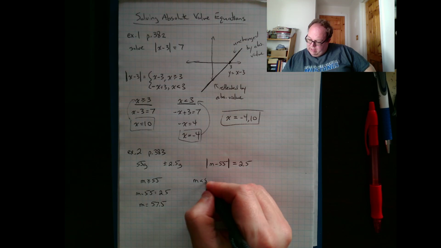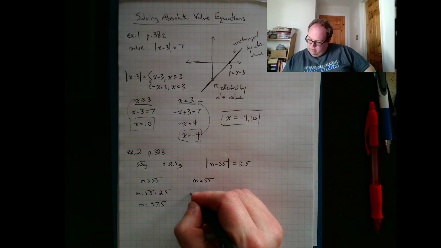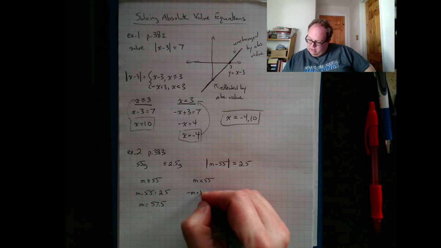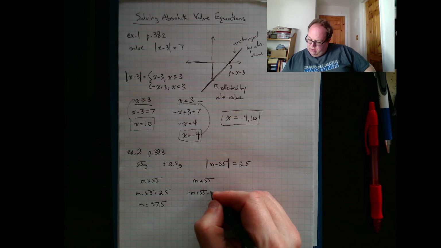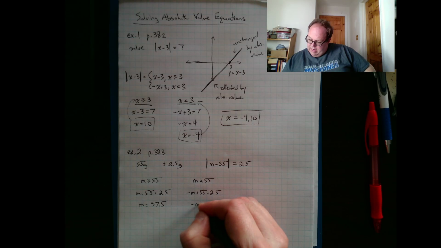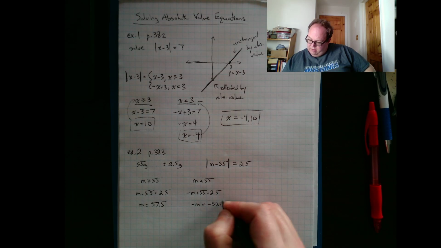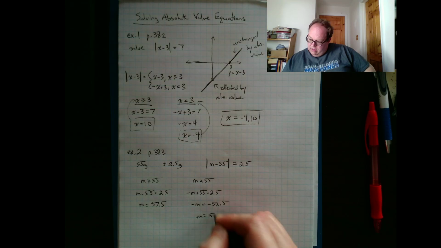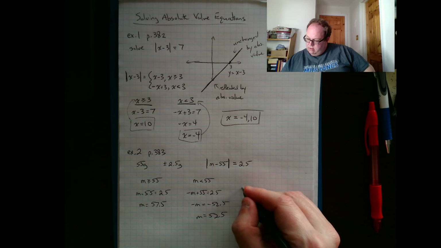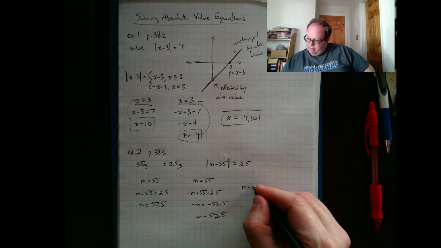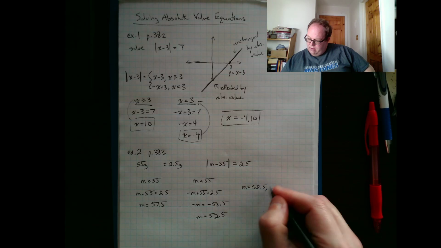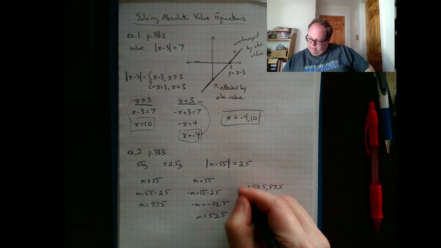For m values less than 55, negative m plus 55 equals 2.5. Negative m equals negative 52.5, or m equals 52.5. So my min and max values for m can be 52.5 and 57.5 grams.